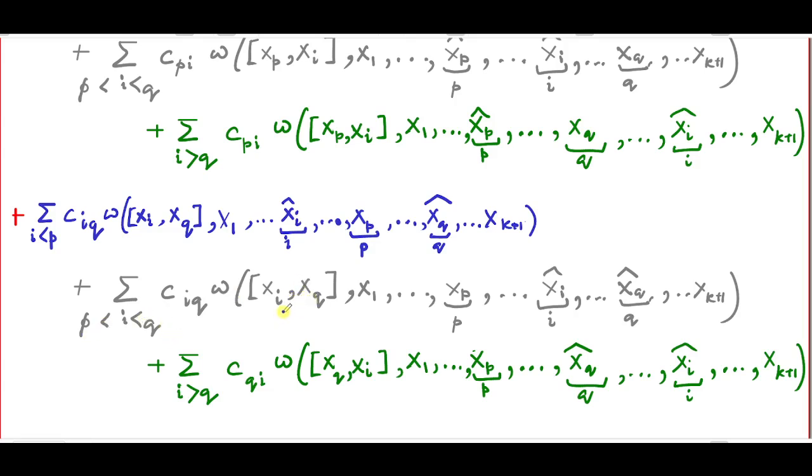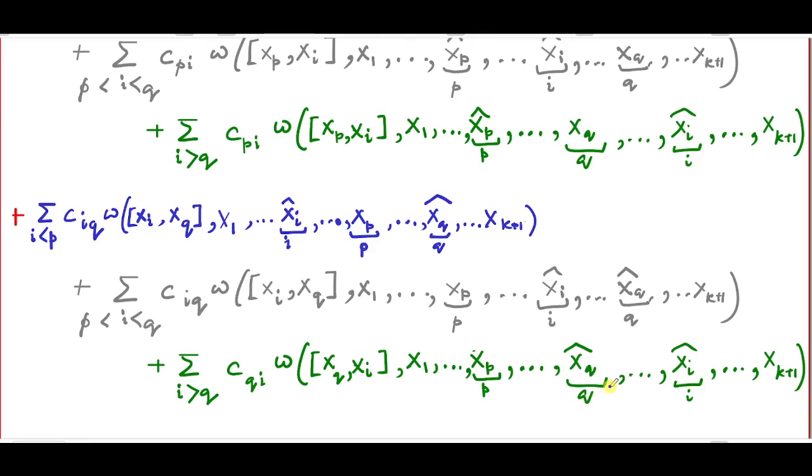So since I is less than q, the bracket is xi, xq, but here the missing slot is to the right of p and to the left of q. And finally you have this third piece where I is more than q, and there the Lie bracket is xq, xi. Remember, the Lie bracket is always xi, xj, where i is less than j. So here, q being the smaller of the two, you have xq, xi, and the xi, the missing slot, is to the right of the q slot.